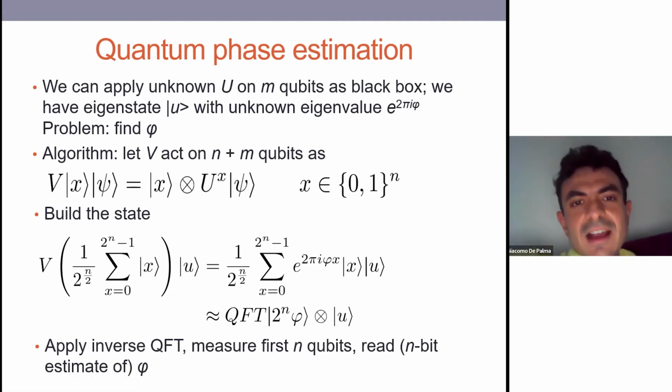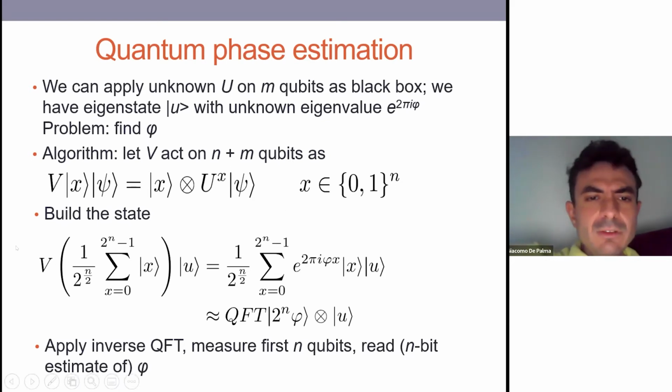Now, the idea is to use V to find the eigenvalue of U. And how do we do this? First, we produce a state which is a uniform superposition of all the possible basis states, which is the state here.